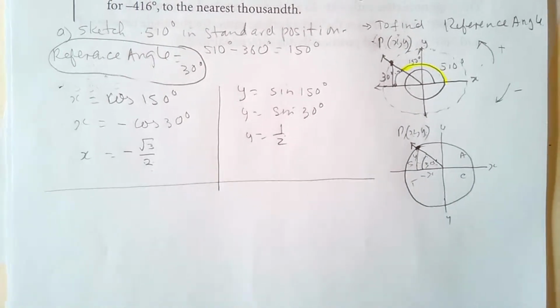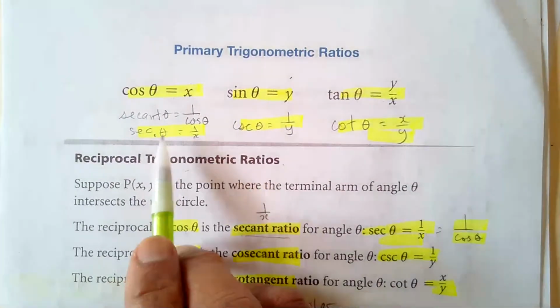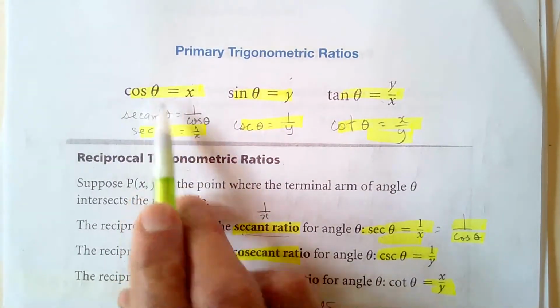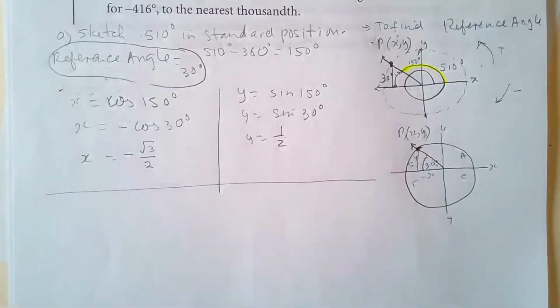We're not done yet. We want to find our secant now, right? Recall that secant is the inverse of cos, so 1 over cos.